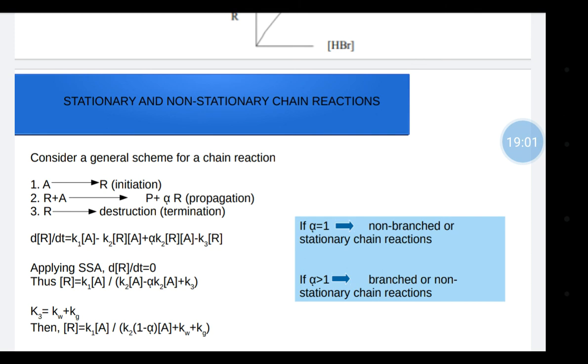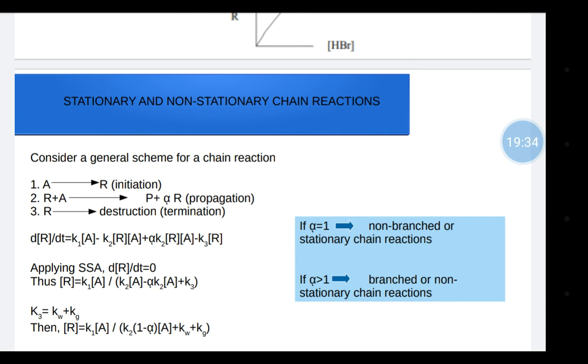Now, for a steady reaction rate, this dR/dt will be equal to 0. And now you can derive the expression for the concentration of R, which will be equal to K1[A] divided by K2[A] minus alpha K2[A] plus K3, isn't it? Hope you are able to derive this.